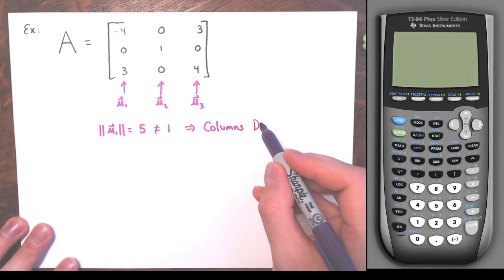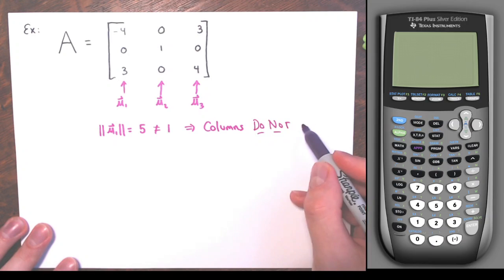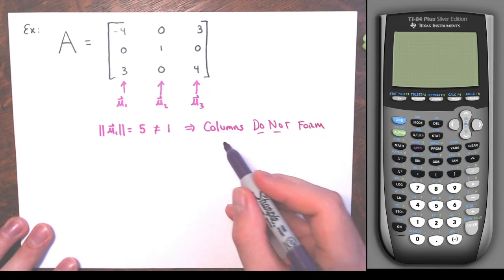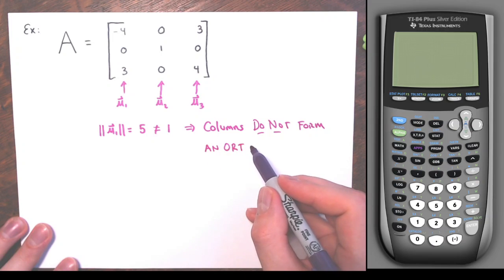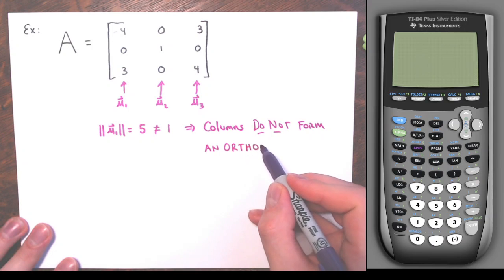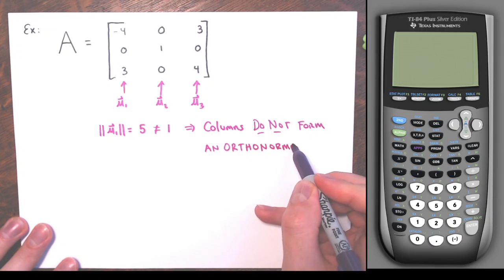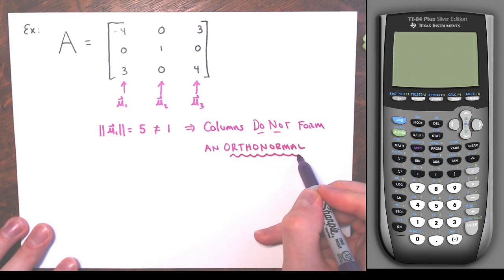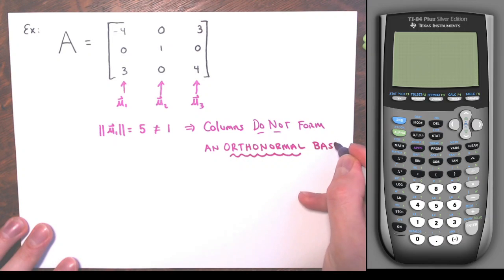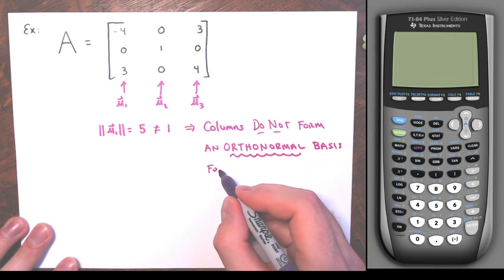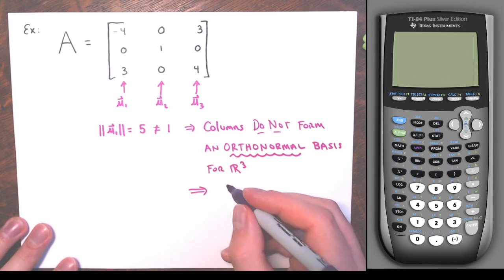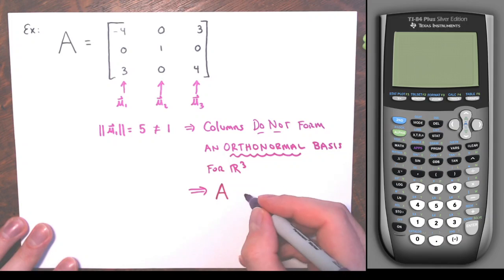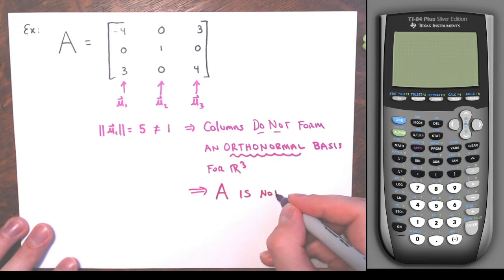Columns do not form an orthonormal basis. They form an orthogonal basis for R3, but not orthonormal. And if that is the case, then A is not an orthogonal matrix.